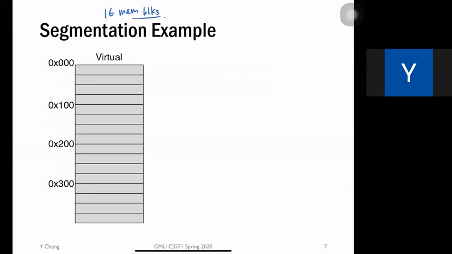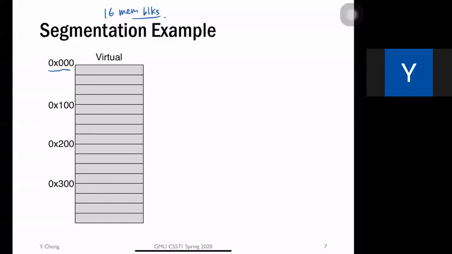Okay, and it has the total memory size ranging from 0 in hex all the way to 0x400.